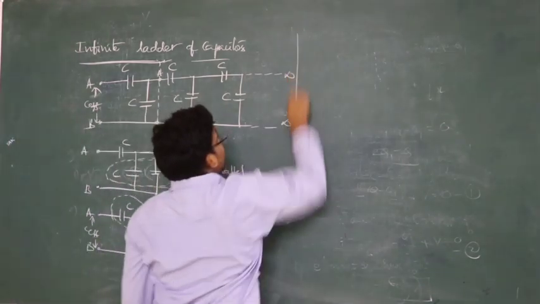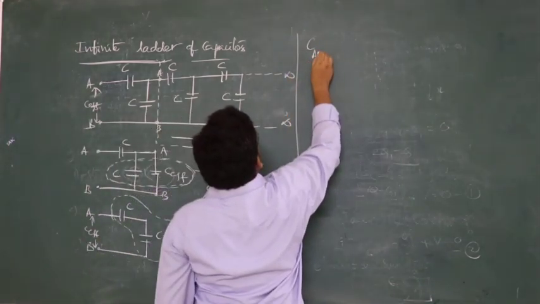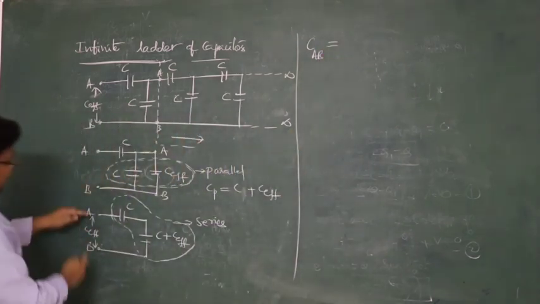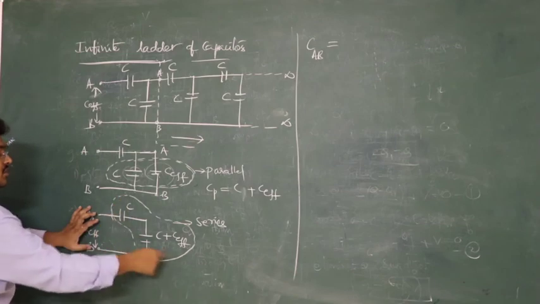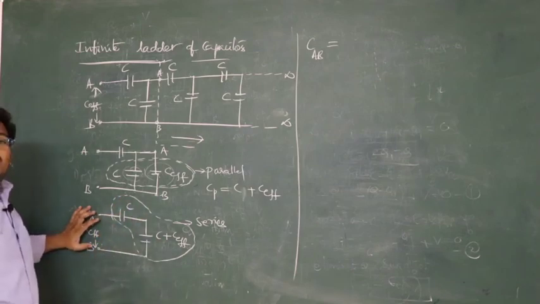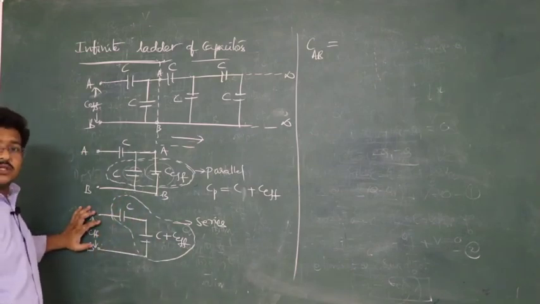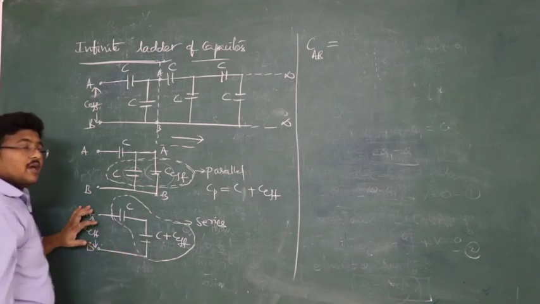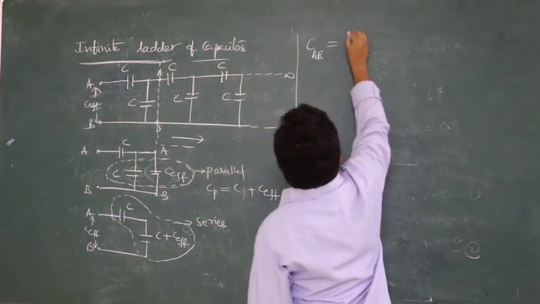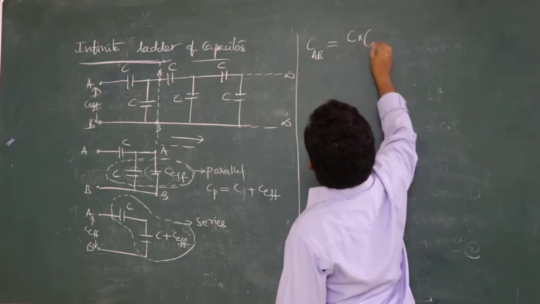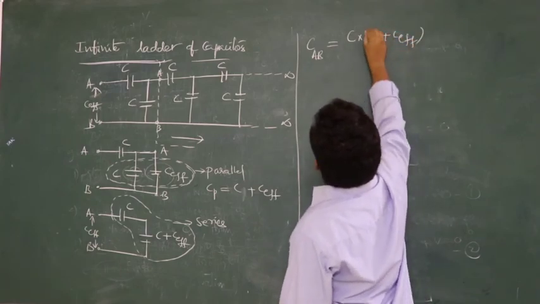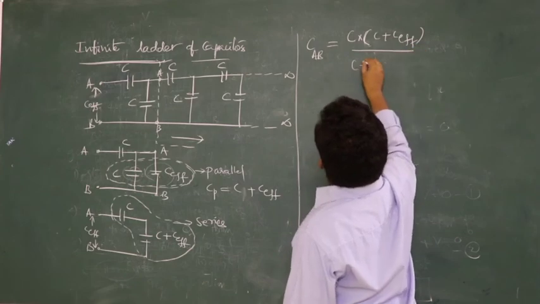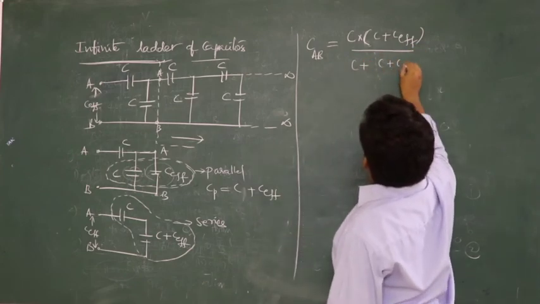The effective capacitance between A and B is nothing but the series connection of these two. In series, what is the formula? C1 C2 by C1 plus C2, the product of the two by the sum. The product of the two is C into (C plus C effective), by the sum, C plus C effective.